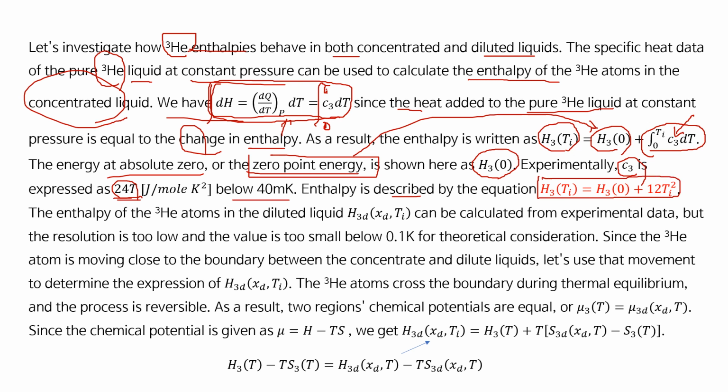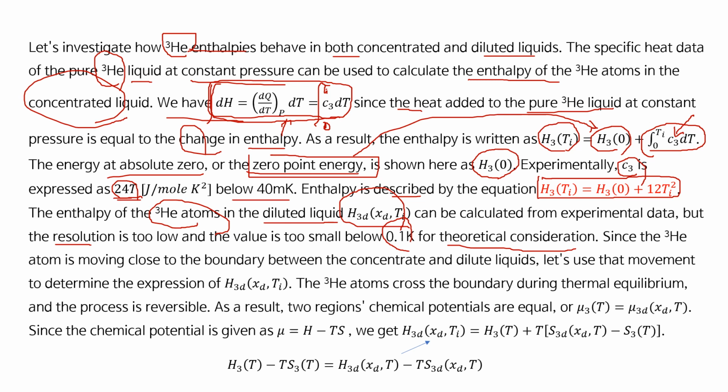The enthalpy of the helium-3 atoms in the diluted liquid, so helium-3 XDT, can be calculated from experimental data, but the resolution is too low and the value is too small below 1.1 Kelvin for theoretical consideration.